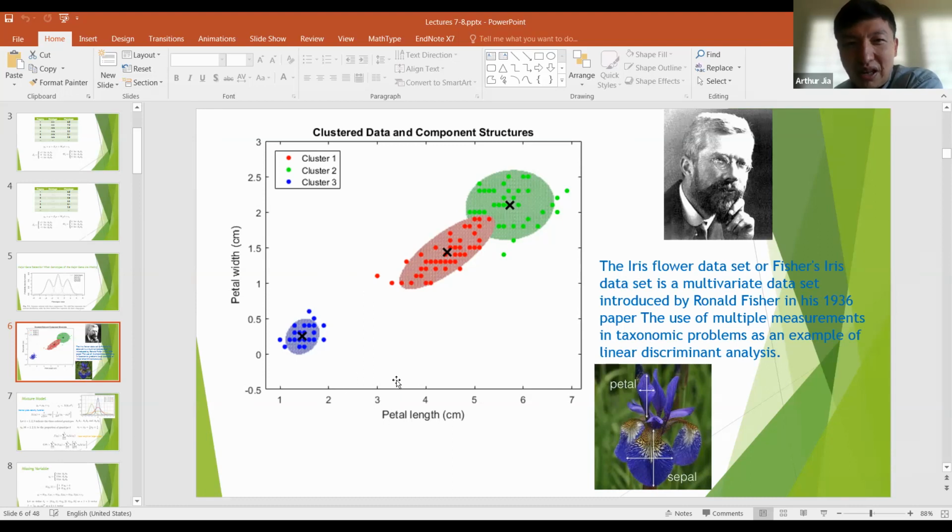If you plot the data based on the petal length and petal width for each individual, you're going to clearly see 3 different distributions, right? So how can we use a statistical model to differentiate the 3 potential subpopulations? This is what we're going to talk about from next week.